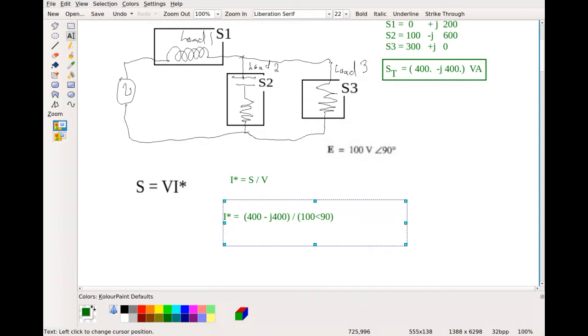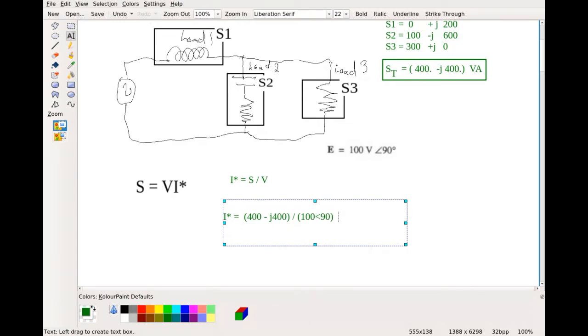Okay, so if we leave that in there, all right, so (400 minus j times 400) divided by... and you need to make sure that you are using parentheses correctly in your calculator, whether it's Octave or one of your TI calculators or whatever.